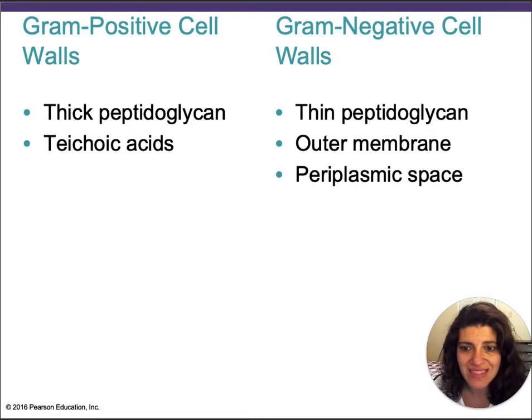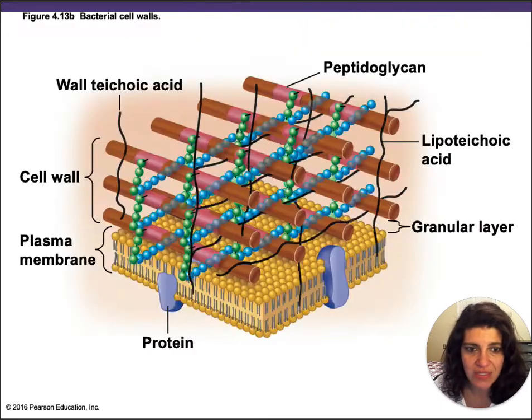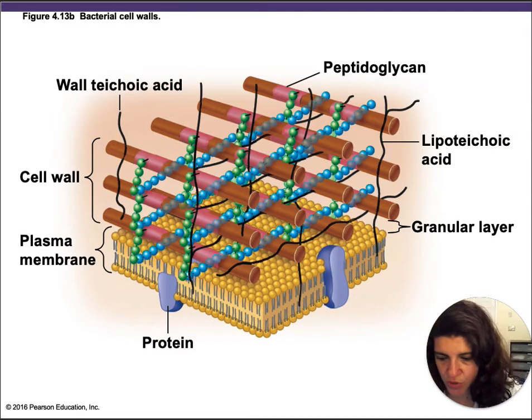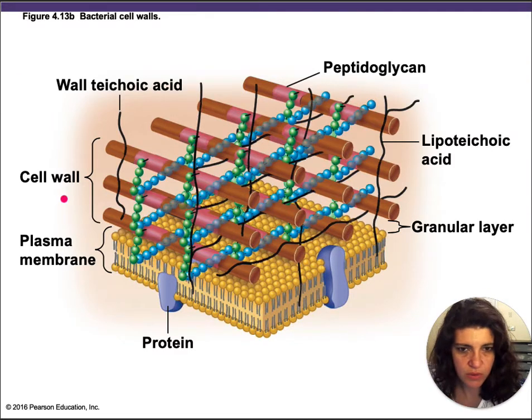So what else is different between gram-positive and gram-negative? This is a gram-positive cell wall. Let me get a pen here to show you exactly what I want you to pay attention to.